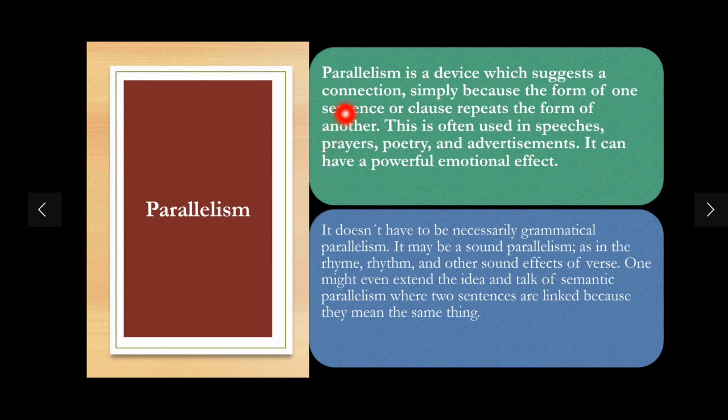Right? So parallelism is a device which suggests a connection simply because the form of one sentence or clause repeats the form of another. So the same form is repeated in all sentences, and through this we can have connection between sentences, and this will make your discourse meaningful.